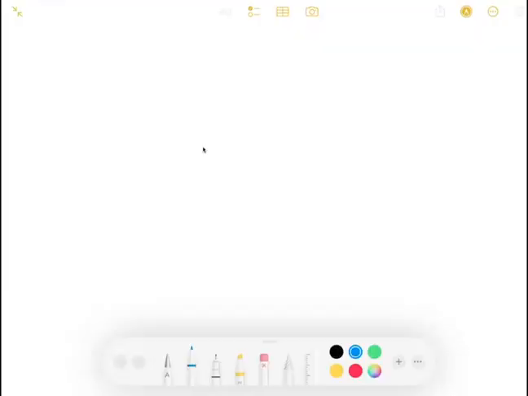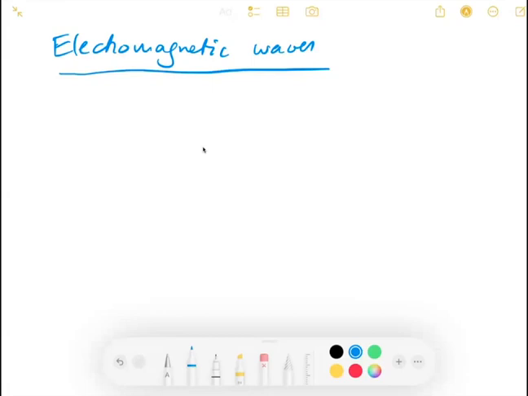So let's talk about electromagnetic waves. So we have already done our derivation.